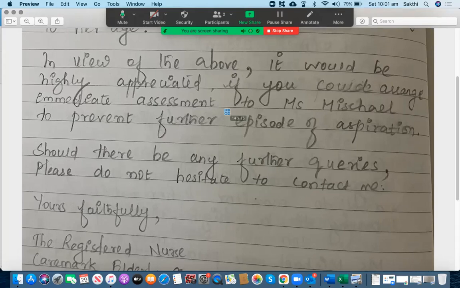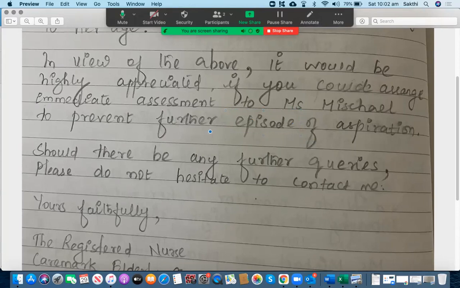It's not further episode, but you can say further episodes, isn't it? I mean, it's not going to occur once only. Am I right? Okay, sir. But sir, it's again to prevent, because episode and episodes are countable nouns. Episode is a singular noun, whereas episodes is a plural noun.